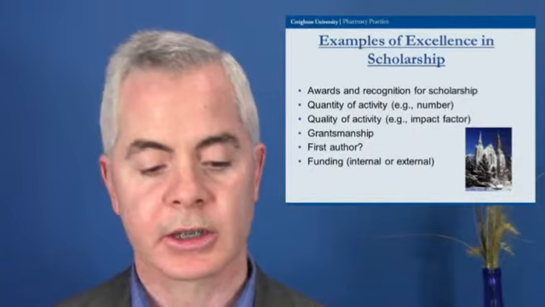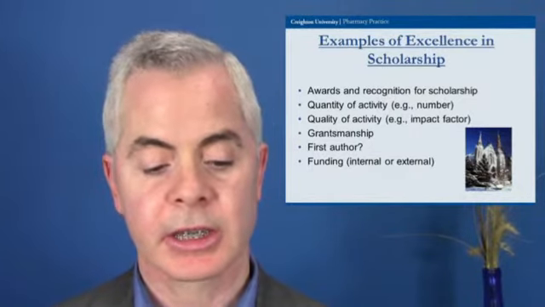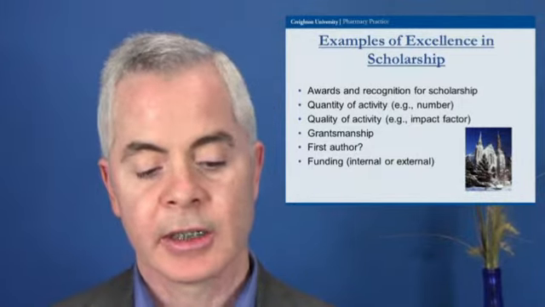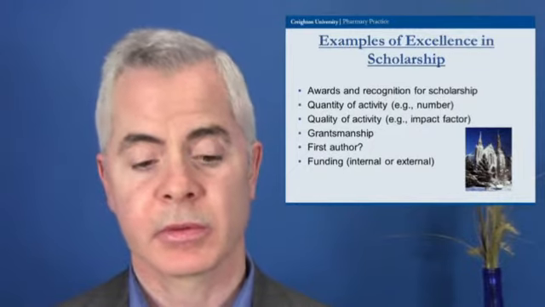So if you're looking at the major pillars of scholarship, teaching, service, what are you trying to achieve as a new faculty person? Well, obviously awards and recognition for scholarship would help. I look at the quantity of activities, the number of publications you have, the quality, what's the impact factor of that publication. If you're teaching research, you have to have grantsmanship, you have to have some grants activity.